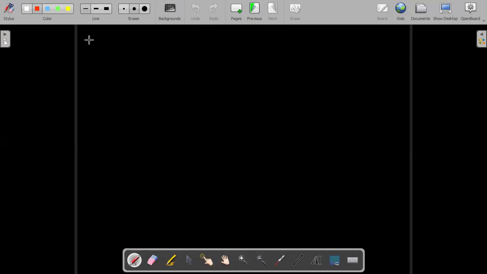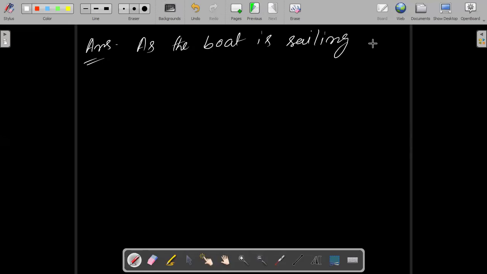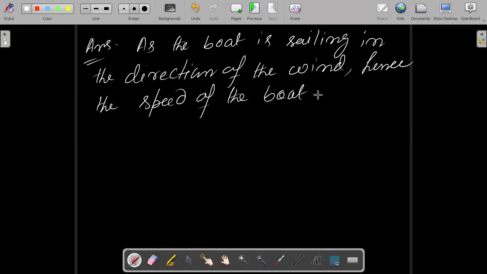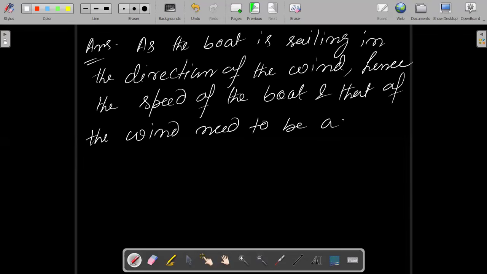So first we will write the solution. As the boat is sailing in the direction of the wind, hence the speed of the boat and that of the wind need to be combined.